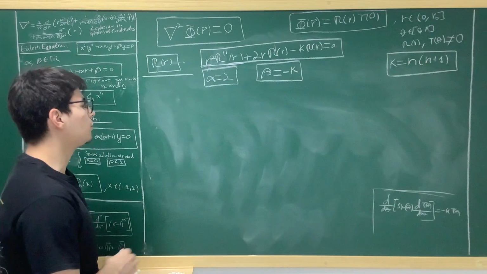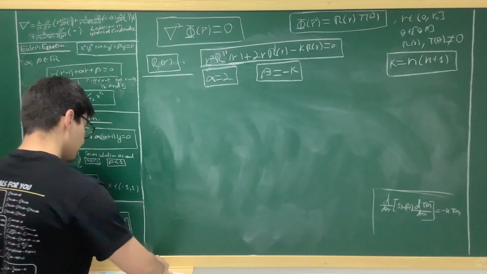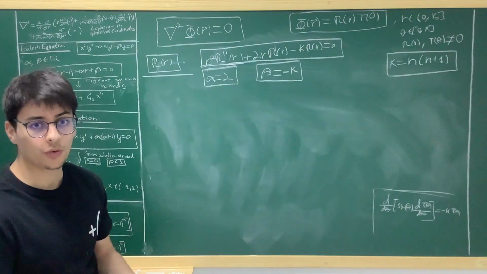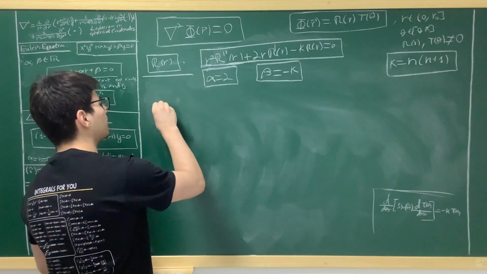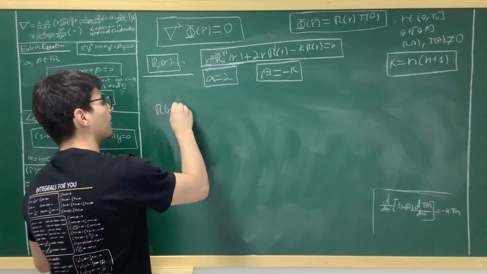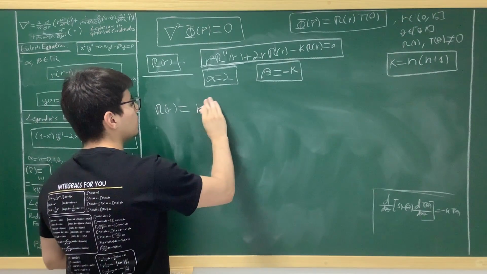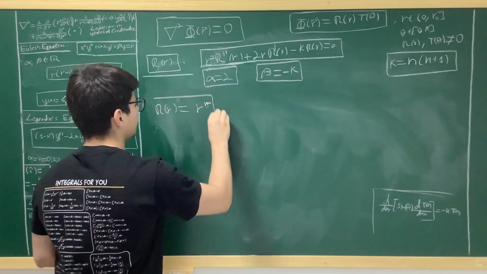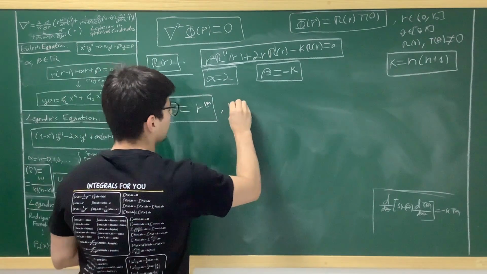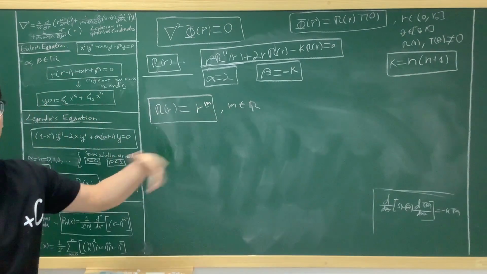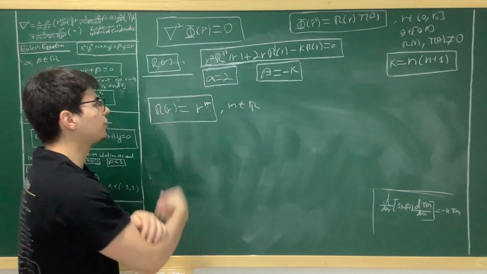What we usually do with Euler equations is we propose a solution, and in this case, the proposed solution is of the form R equals r raised to some power m, where m is a real number. All we have to do is find m. How? We substitute into the equation.